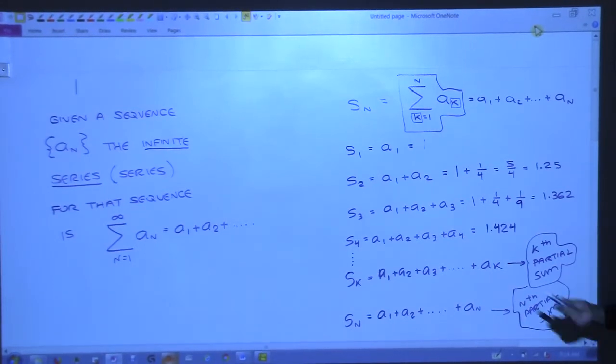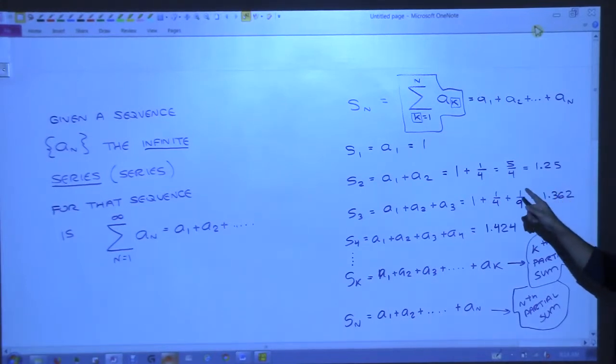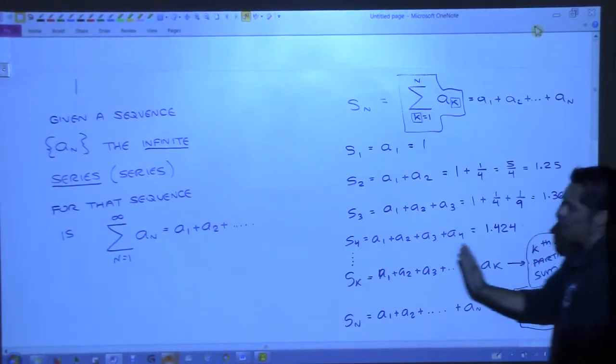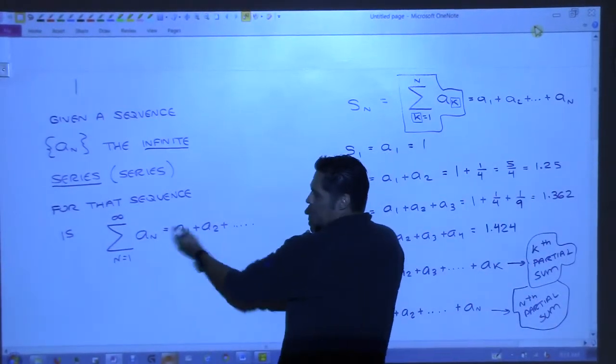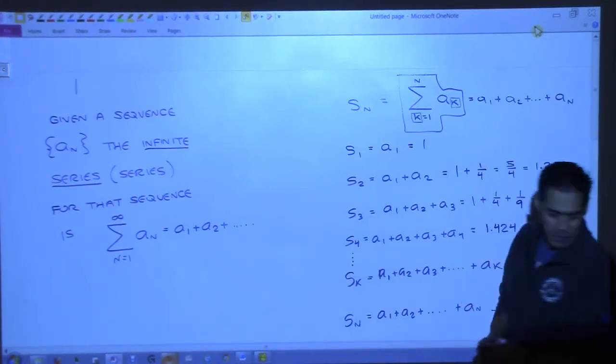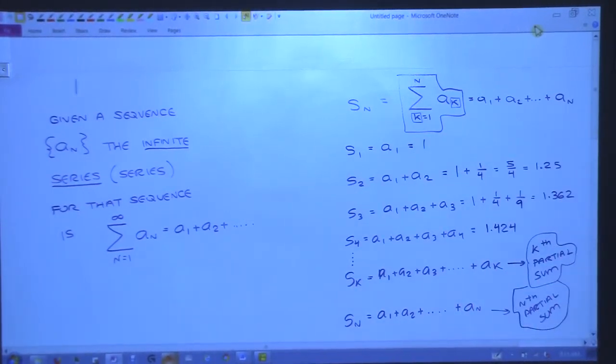Would the example on the right side technically be a finite series if it stops somewhere? This would be a finite series, yes, which is why we call it a partial sum, because it adds it up partly. It's not the whole thing. If this goes forever, we stop somewhere. That's part of it, right? Okay, so that's the definition of a series.